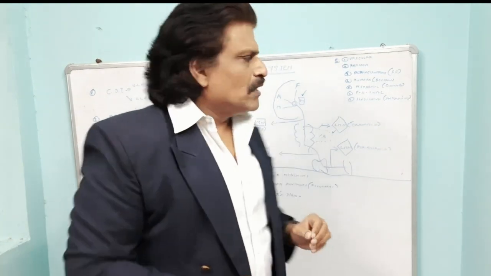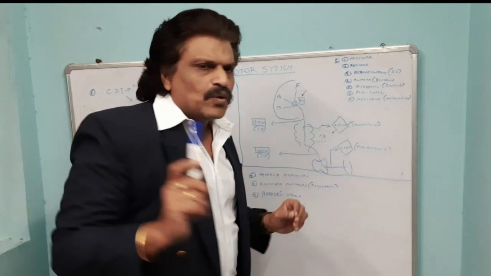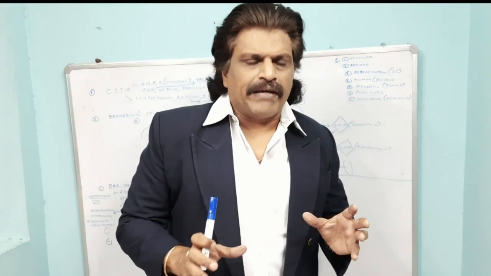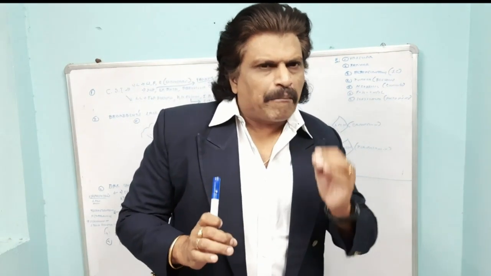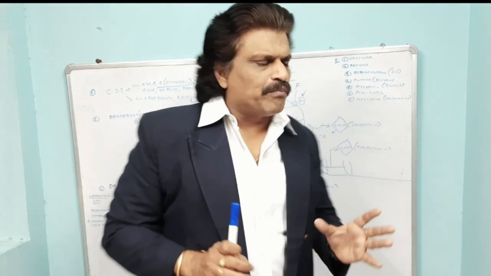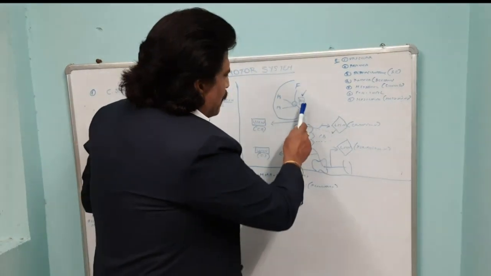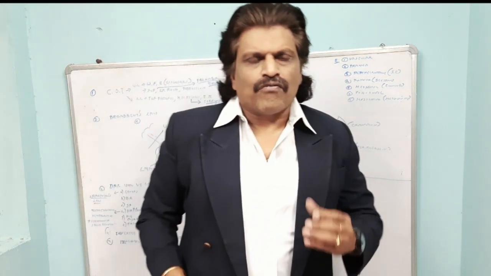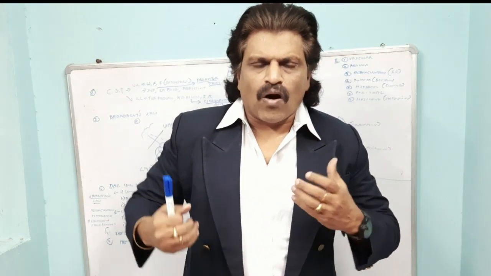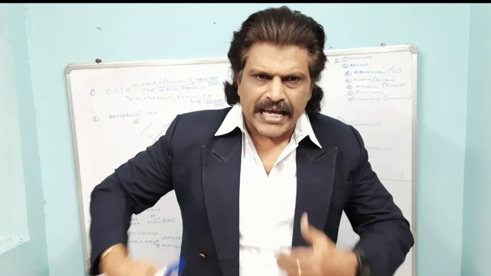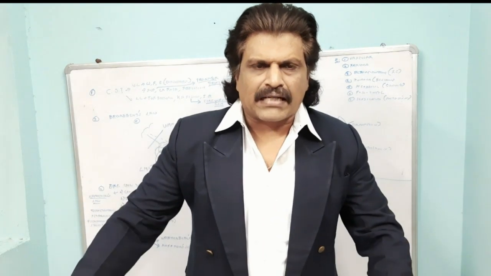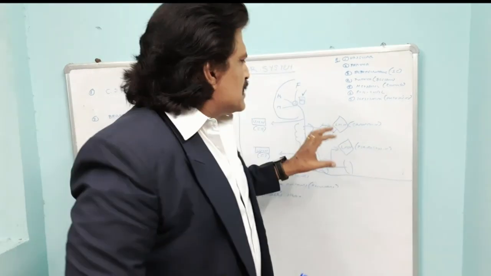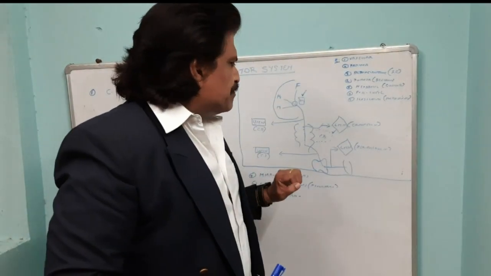But then we have another two important systems coming into play to give precision to the movements. They are the basal ganglia and cerebellum. So basically all the movements take place through the corticospinal tract, but the fine precision is done by the cerebellum and basal ganglia.